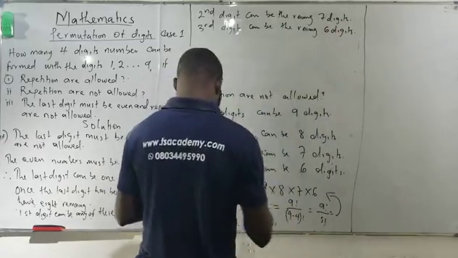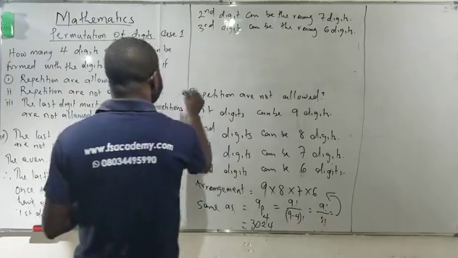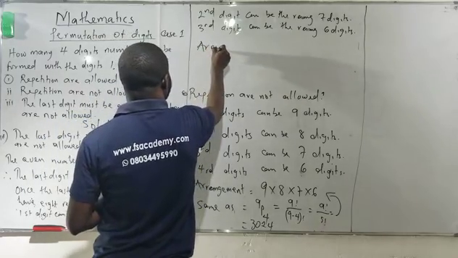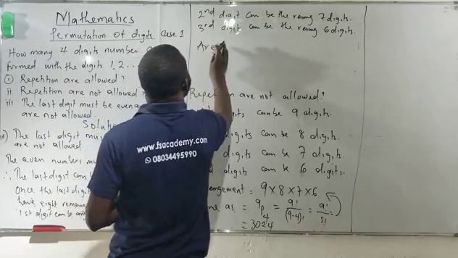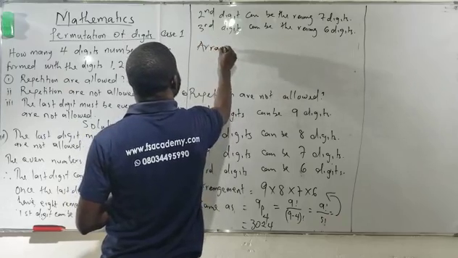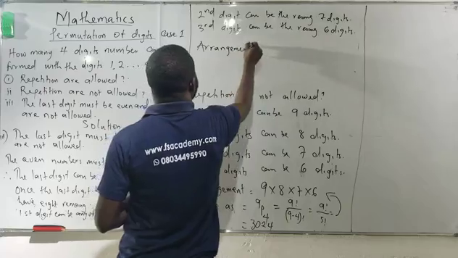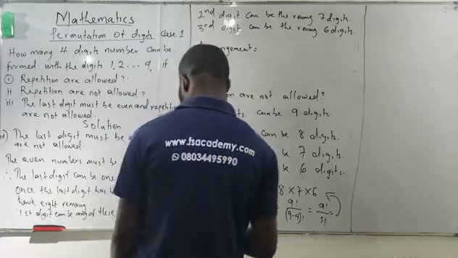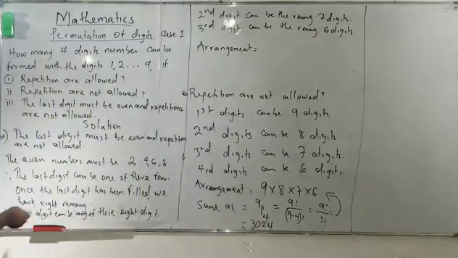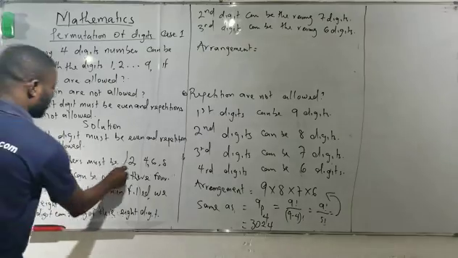Now, what will the arrangement be equal to? How many even numbers are we talking about here? We're talking about 4 of them.